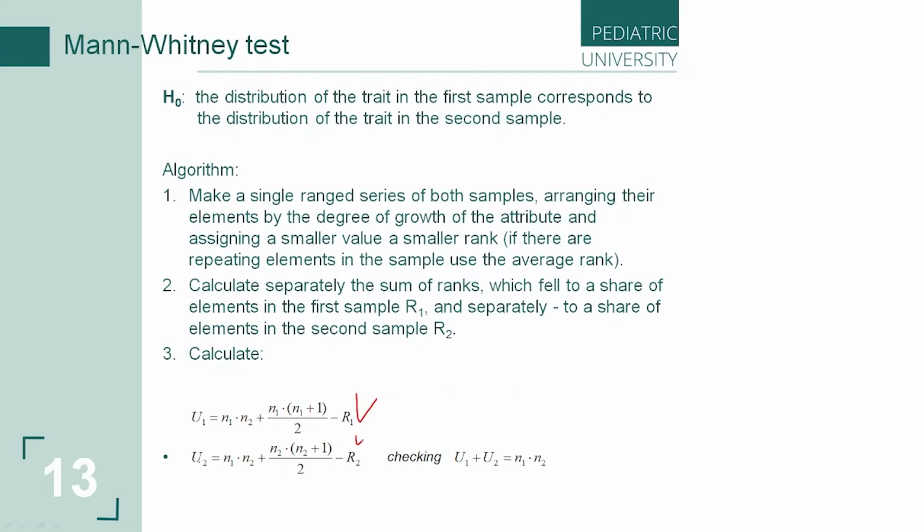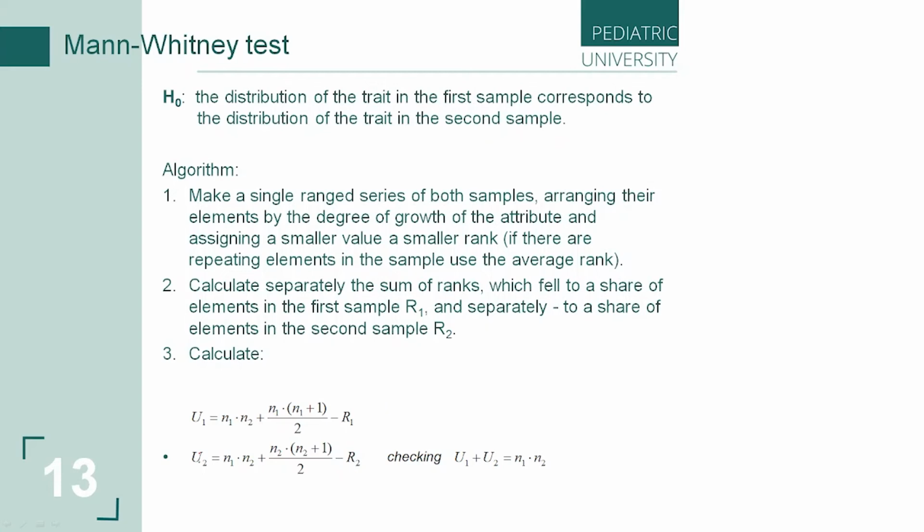N1 and N2 are the volumes of the first and second sample, respectively, R1 is the sum of the ranks of the first sample, and R2 is the sum of the ranks of the second sample.